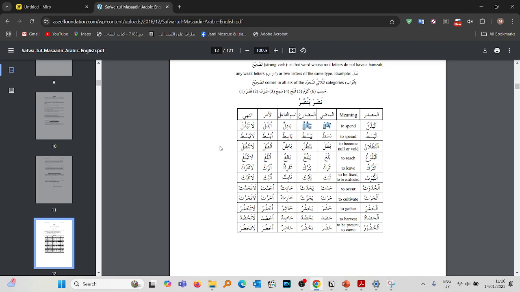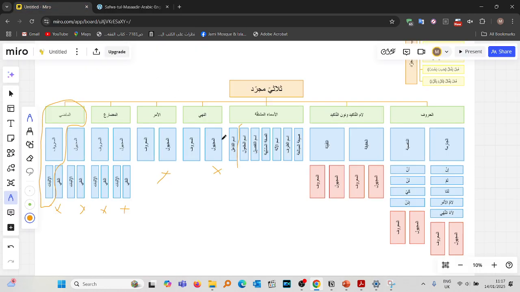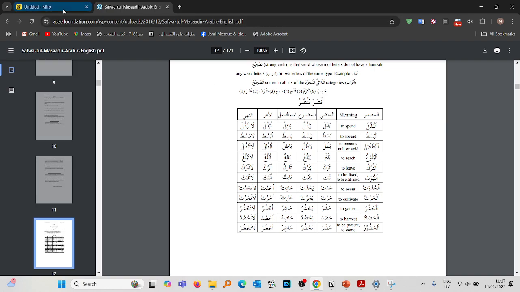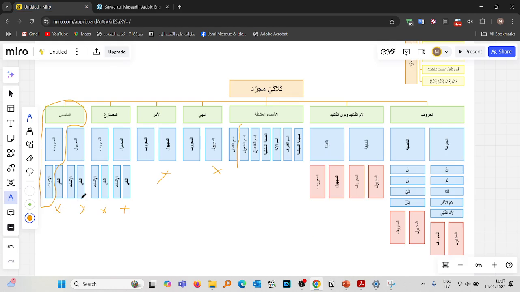After a few weeks, when you get the hang of it, we'll start memorizing more verbs, about 3 verbs a week. And after the Ismul Fa'il, because Ismul Fa'il is mentioned over here too, we will go back to these discussions that we've missed, and then go to the next discussions.